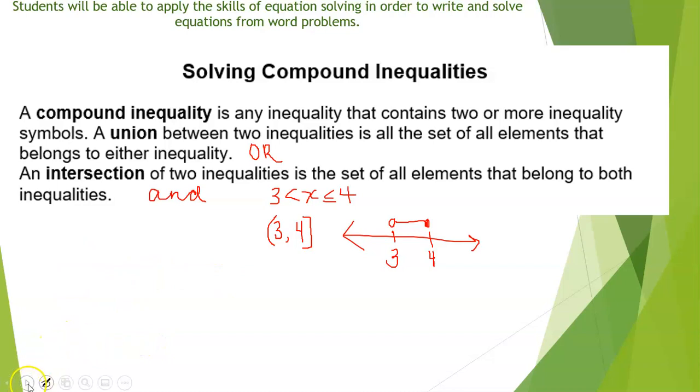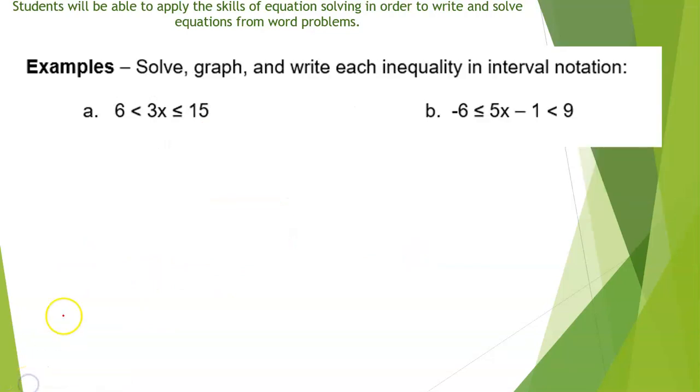So let's just try solving some of these inequalities. These first two are compound inequalities, and they are and inequalities. So since they're and inequalities, we're just going to solve them, then graph it, and then write our answer in interval notation. So what we do first here is we find our x. Our x is in the middle. Is there anything being added or subtracted to x?